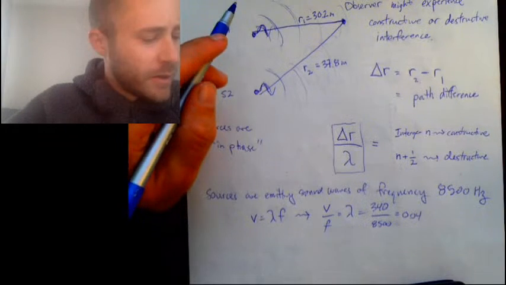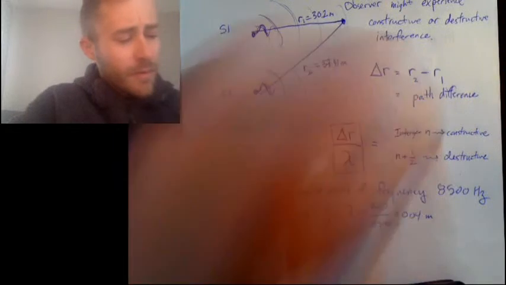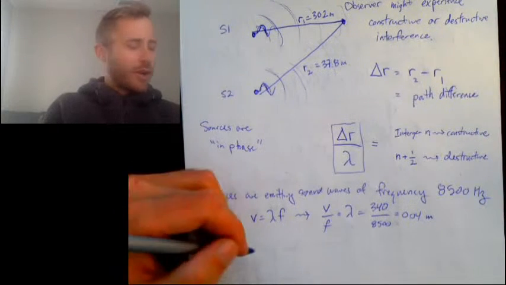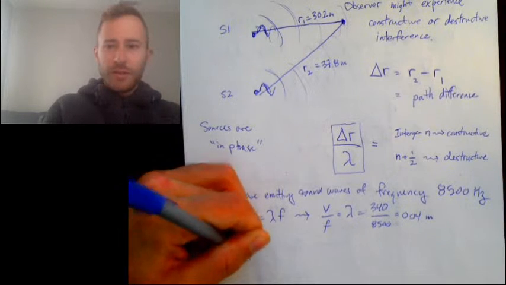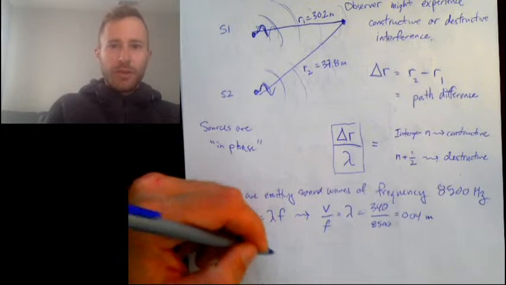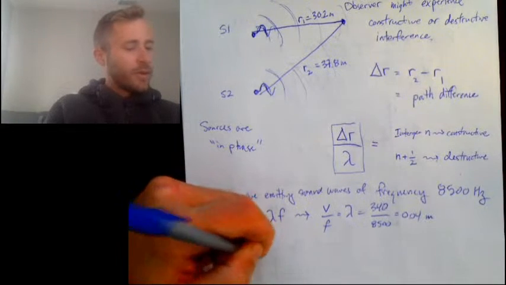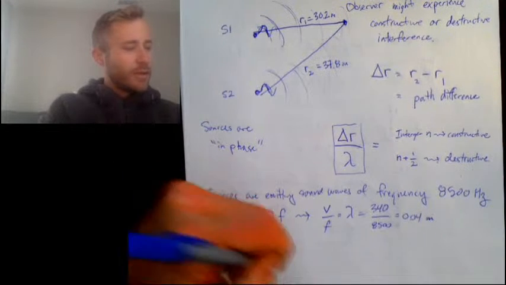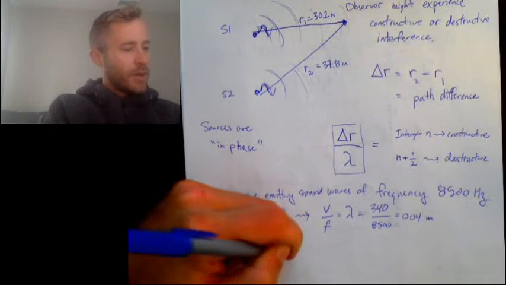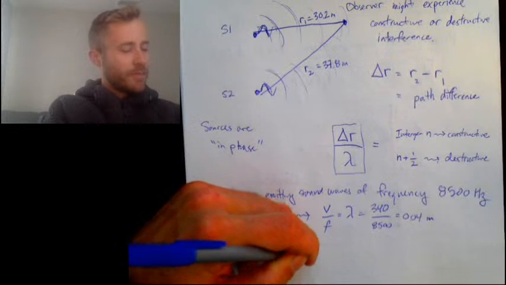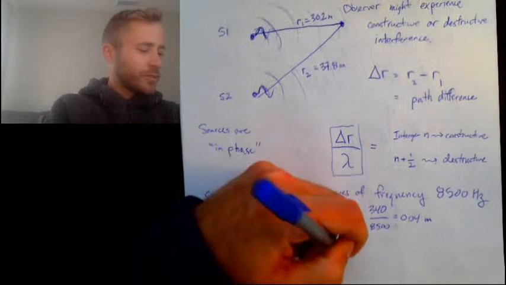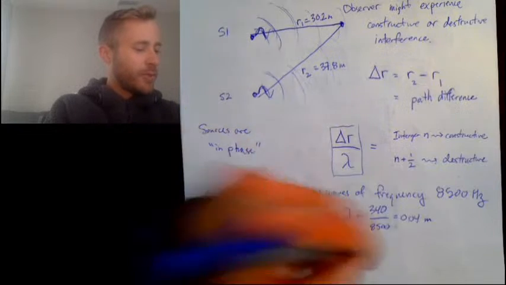Okay, so lambda is 0.04 meters. So now I have to figure out the path difference, delta R, which is going to be 37.8 minus 30.2, which is going to be, what, 7.6 meters.